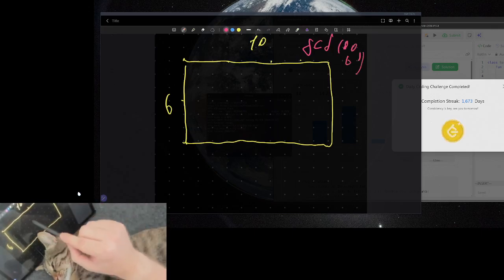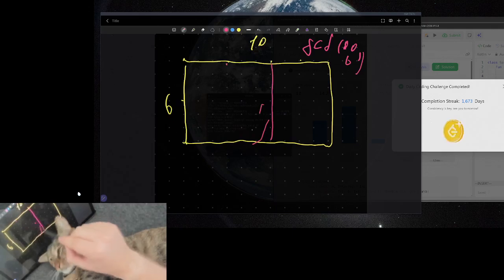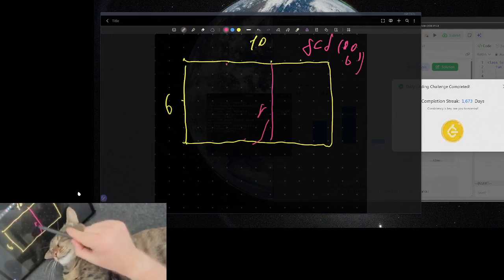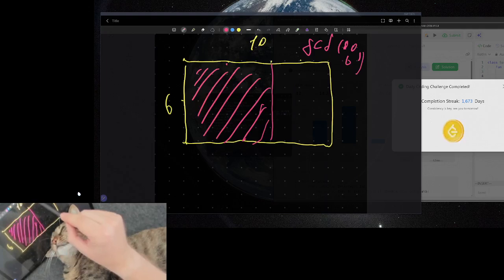We go and we cut the rectangle into squares. So this is 6 by 6 and this is 4.